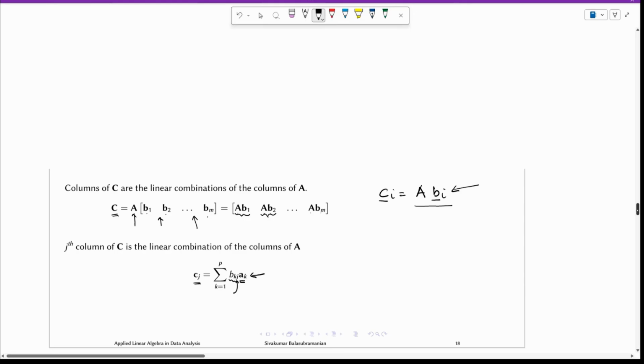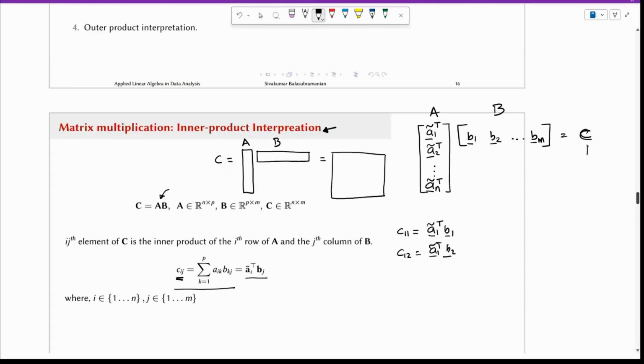Now, from the definition of the outer product operation, how do you find the ijth element of C from this representation? What will be C11? Well, it will be the first element of A multiplied by the first element of B. That will be A1 tilde transpose B1.